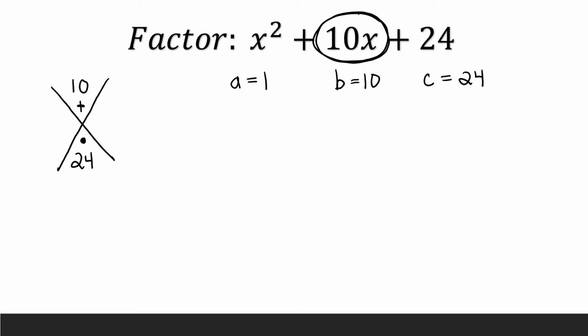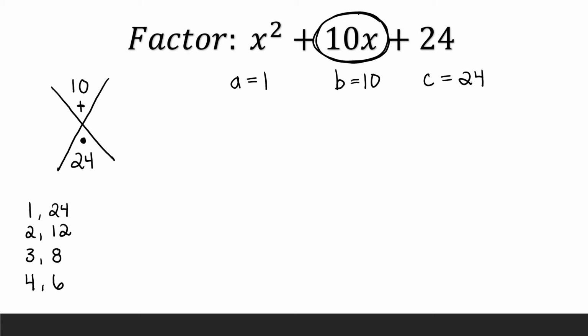So let's start with our factors. We'll list pairs of numbers that multiply to 24. So that could be 1 and 24, 2 and 12, 3 and 8, or 4 and 6.